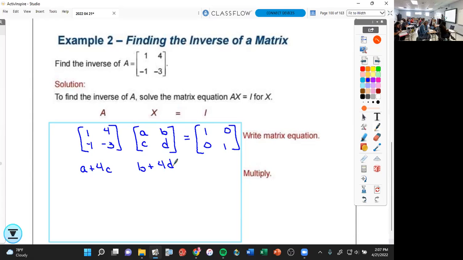Let's now go to row 2. Row 2 times column 1. -1, -3C. Row 2, column 2. That matrix is equal to 1, 0, 0, 1.